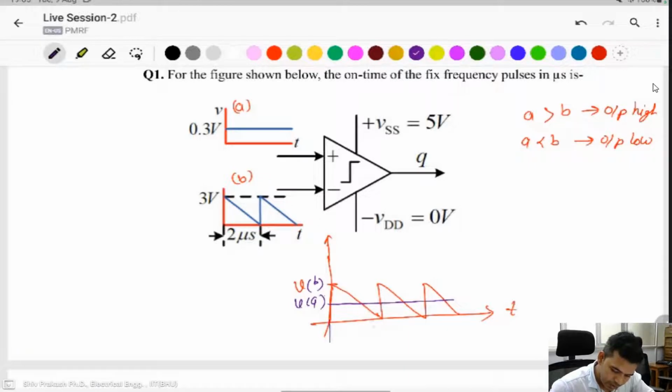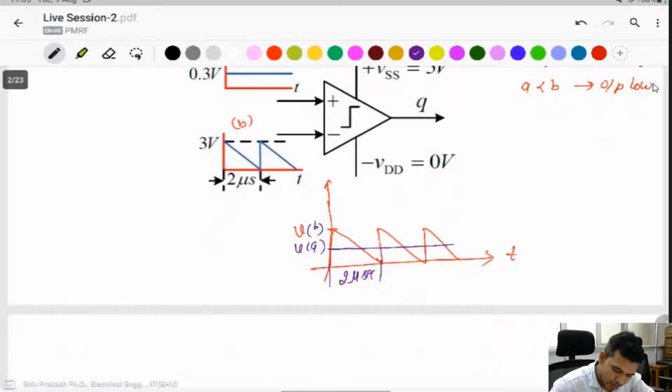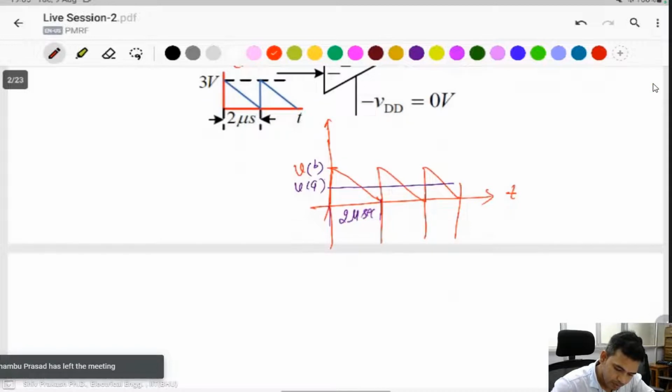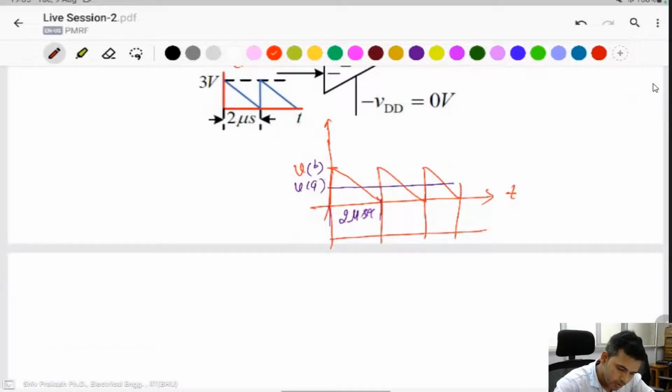The total time period is 2 microseconds. If we observe the output signal, then output will come when VA is greater than VB. That means this part will come into the output. This time period is T on.